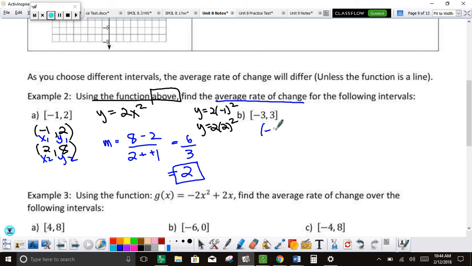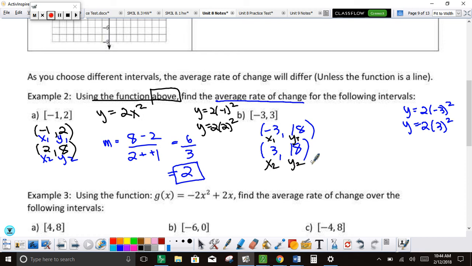What are the points? If I plug in a -3, what do I get? So y equals 2 times -3 squared. 18. If I plug in a +3, I get what? 18 again, right? If I'm finding the slope, y2 minus y1 over x2 minus x1 is 0 divided by 6 equals what? 0.